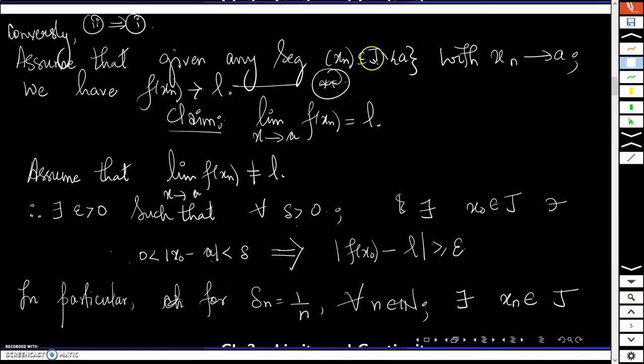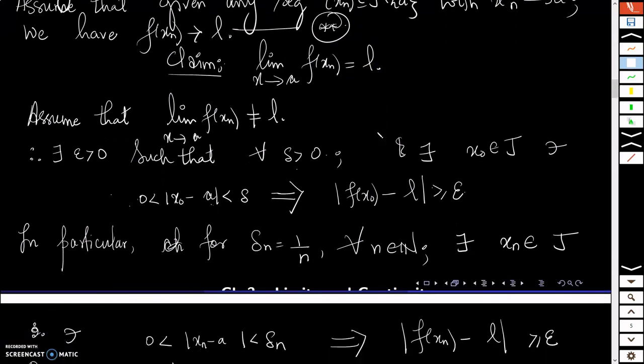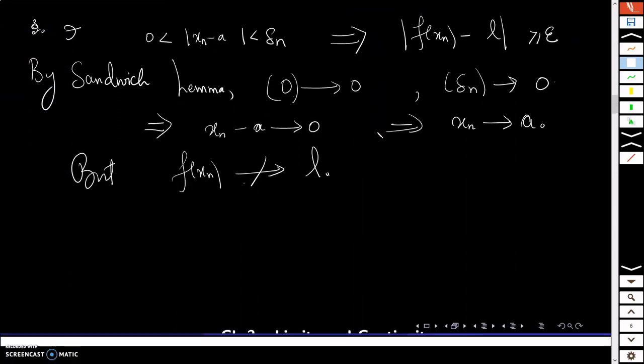If you pick up any sequence xn in J minus A which converges to A, then f of xn should converge to L. Double star I have marked it as. Okay, so that's a contradiction to double star.